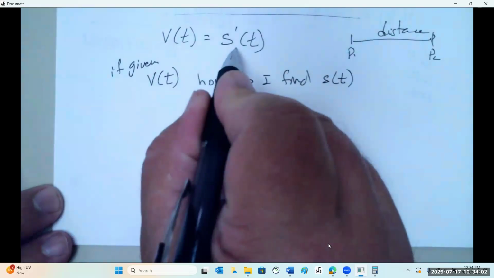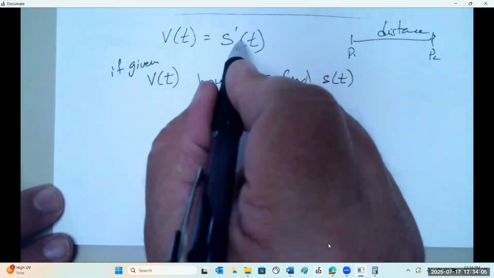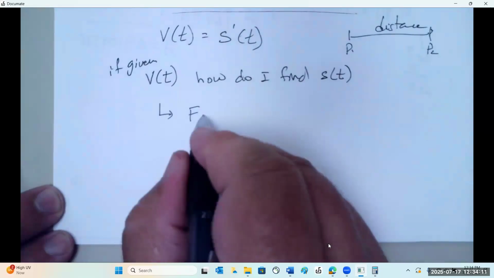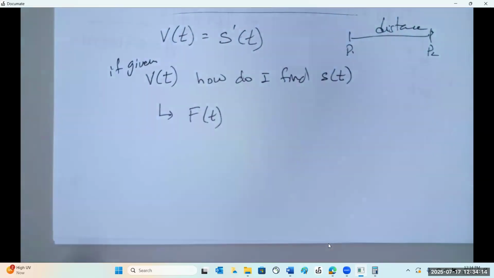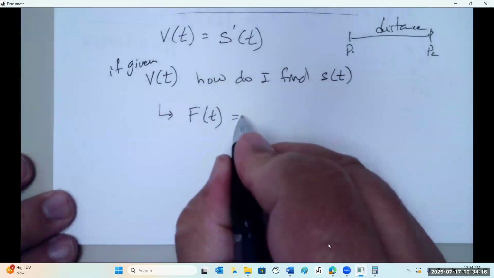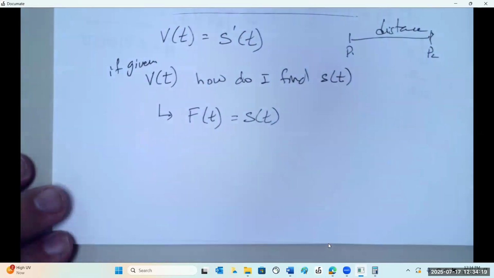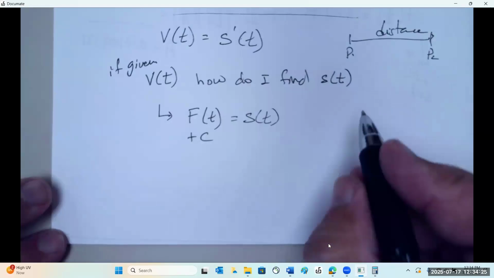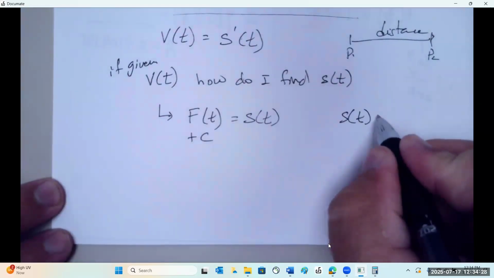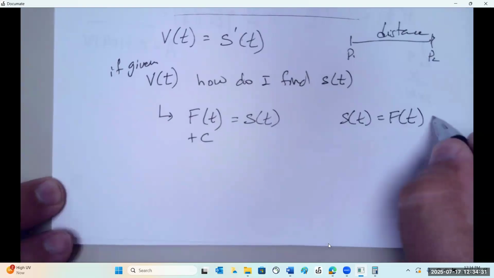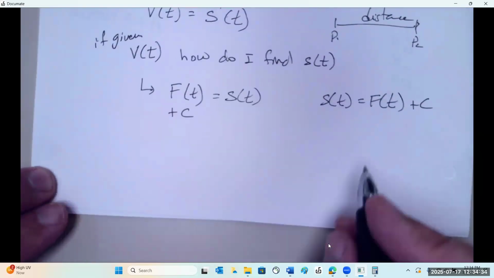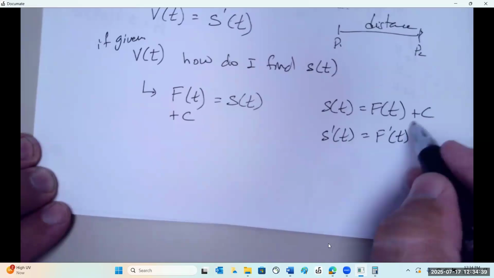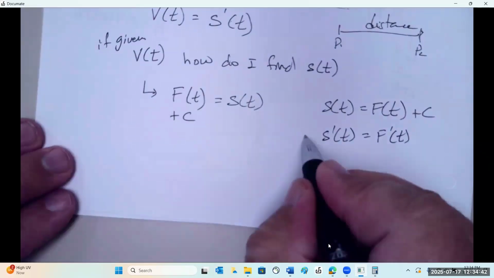Because the velocity is a derivative of your position function, that means we can find some function that represents our position function plus a constant. Why plus a constant? Because if our position function was that, then the derivative of it, the constant would disappear, which would give us the velocity.